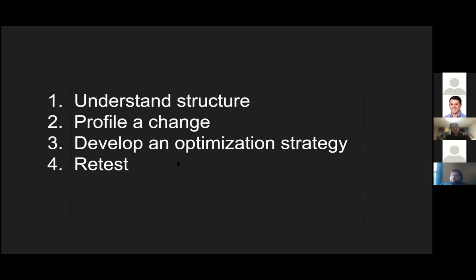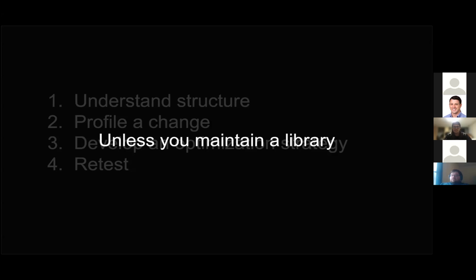All right, so one last time, understand the structure, profile a change, develop an optimization strategy, including things like hiding fast components, and finally retest to prove that it works. Oh yeah, and this is all to say, unless you maintain a library. So I won't go into this because we're out of time, but if you maintain a library, that's when you do have to do the premature optimization.